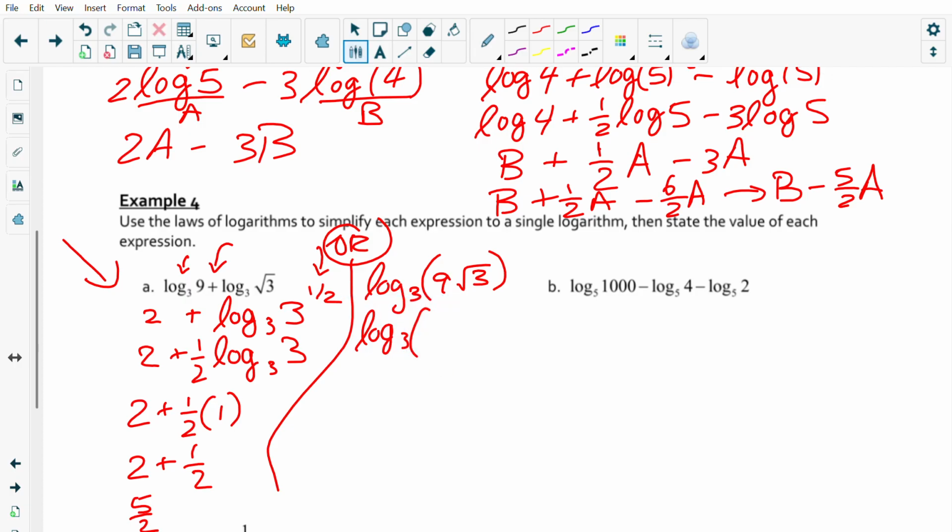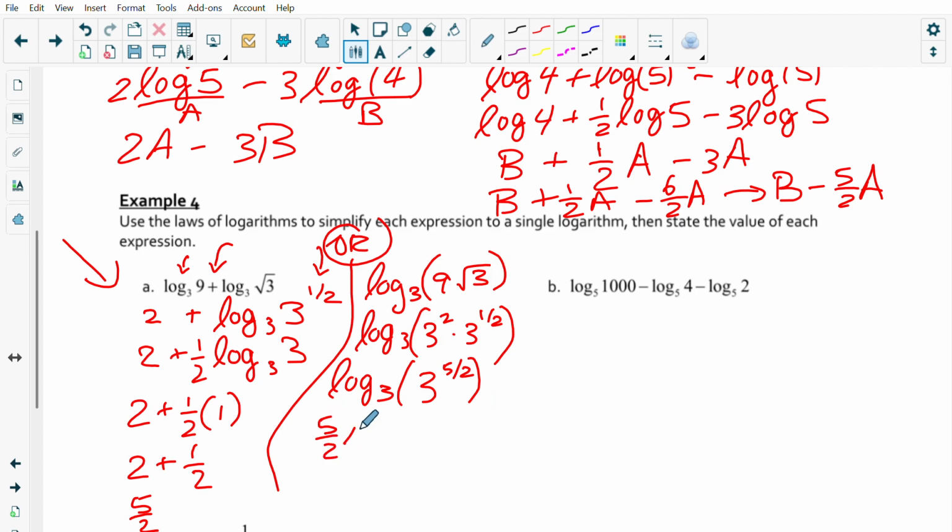Let's do a little bit of rearrangement in the bracket. So log base 3 of 3 squared times 3 to the 1/2. I'm just rewriting it in terms of exponents. So that's log base 3 of 3 to the 5/2.